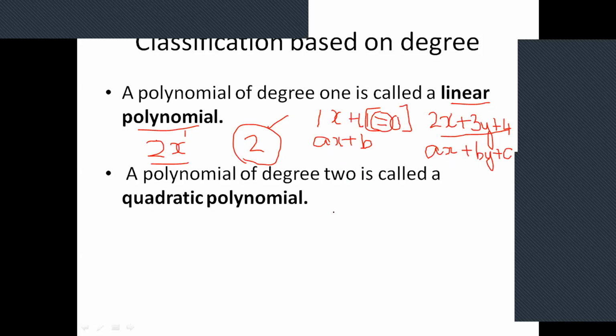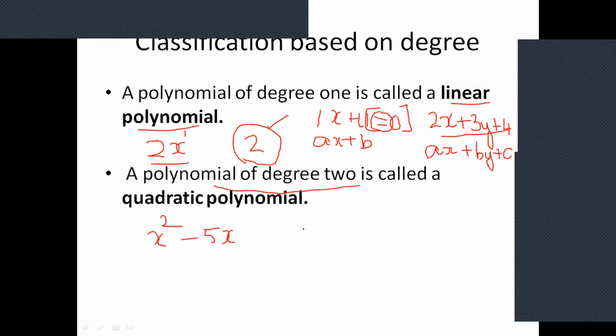Next, we'll move on to the next type, which is when the degree of the polynomial becomes 2. It is called a quadratic polynomial. Maybe I can take one of the examples already given, that is x square minus 5x. Yes, it is a quadratic polynomial.